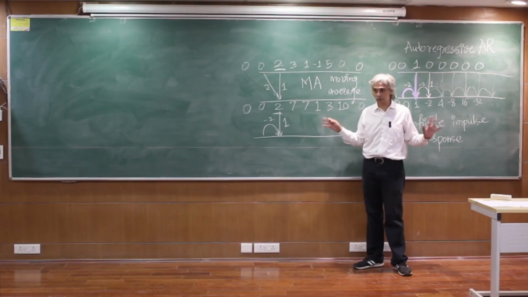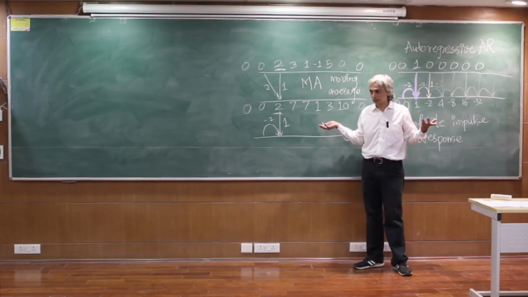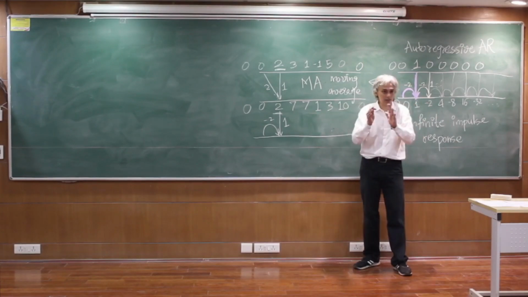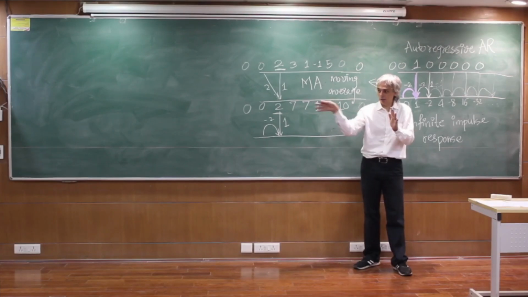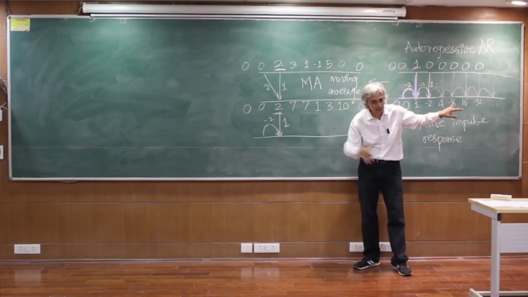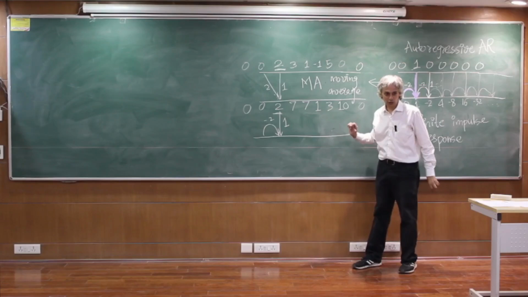Agreed? Because these two are inverses of each other. What is its impulse response? Just a single one. The impulse is the impulse response. The Kronecker delta 0, 0, 0, 1, 0, 0, 0 is the impulse response of this composed operation.